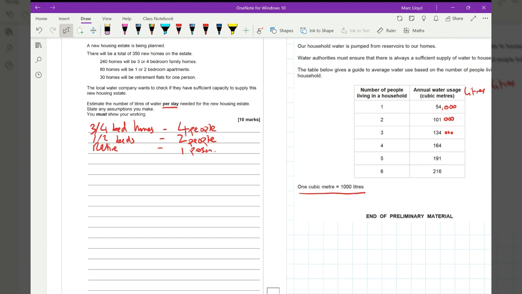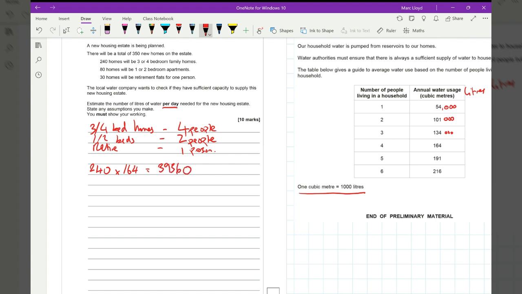So we're going to have 240 homes that I've assumed there's going to be 4 people in. And then I'm going to multiply that by 164. I'm going to keep it in cubic meters for now, just to make the numbers nice and easy. So 240 times by 164 gives me 39360.